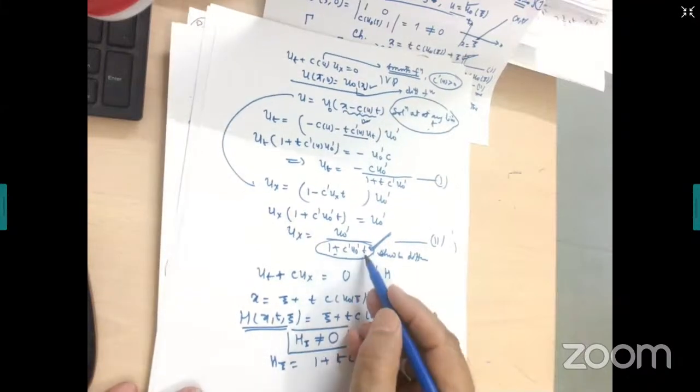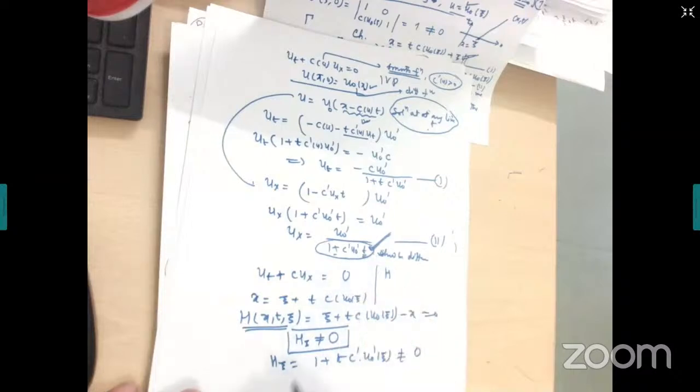So look here, your t is always positive. Suppose this is your x-axis, this is your t-axis, and suppose this is the initial profile, u is equal to u naught of x. So on this part of the profile, you can see here that u naught dash is positive. You draw the tangent.